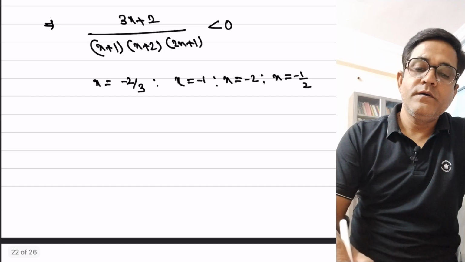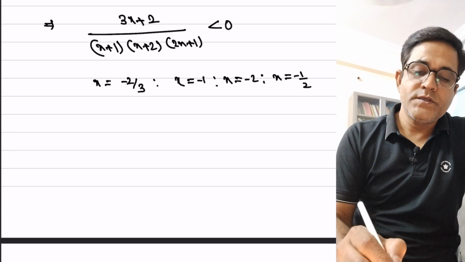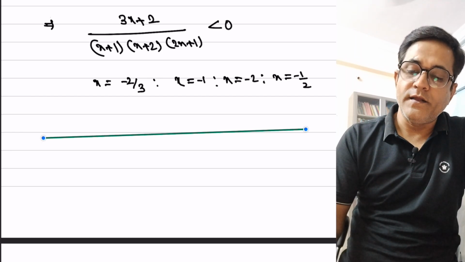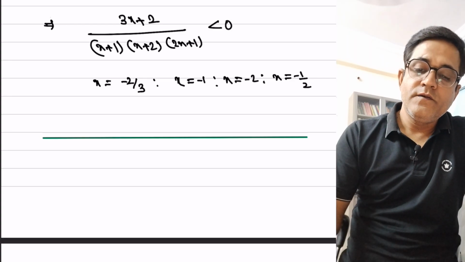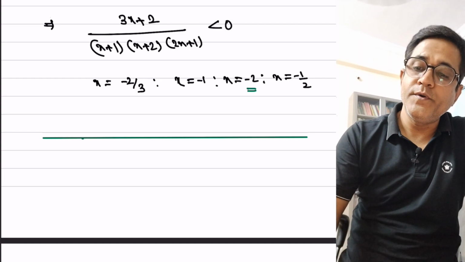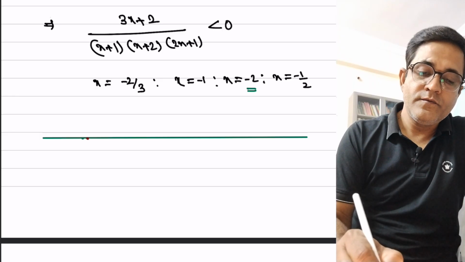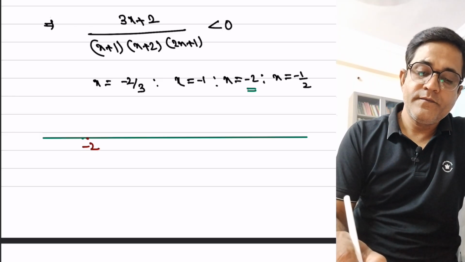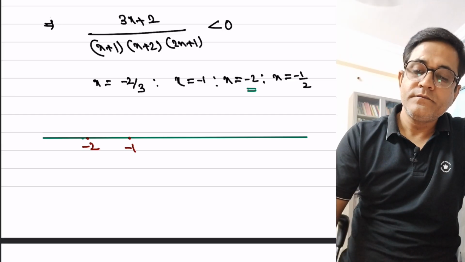Now, we will put all these roots on the number line in order. The least number is minus 2, so here you put minus 2, next one is minus 1.